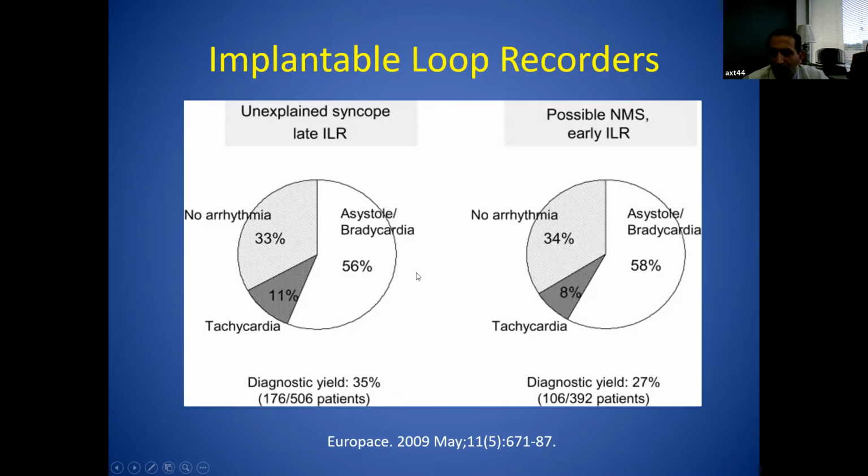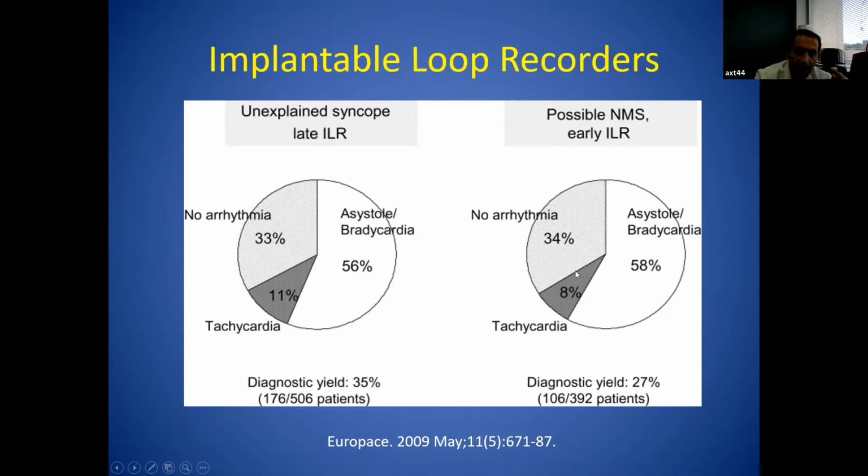And the breakdown of what we find on loop recorders is also very similar. More than half the time you find some asystole or bradycardia. 8 to 10% of the time you find some tachycardia-mediated episode that causes syncope or near syncope. This is mainly true syncope here, or no arrhythmia in about a third of the patients.